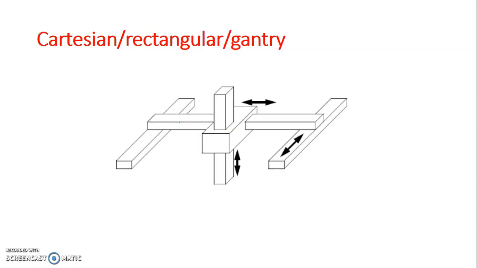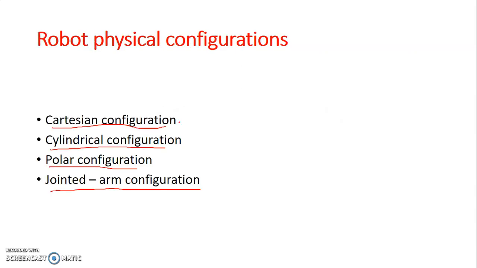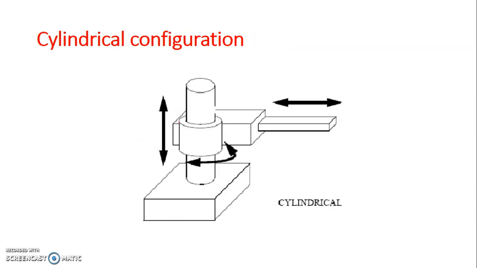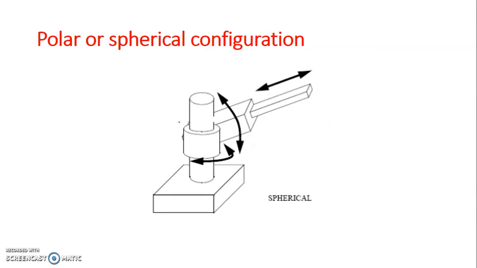So this is the cylindrical configuration and the polar configuration. They look almost the same. This also has a base and one solid cylinder, and the solid cylinder is inside another, the hollow cylinder.